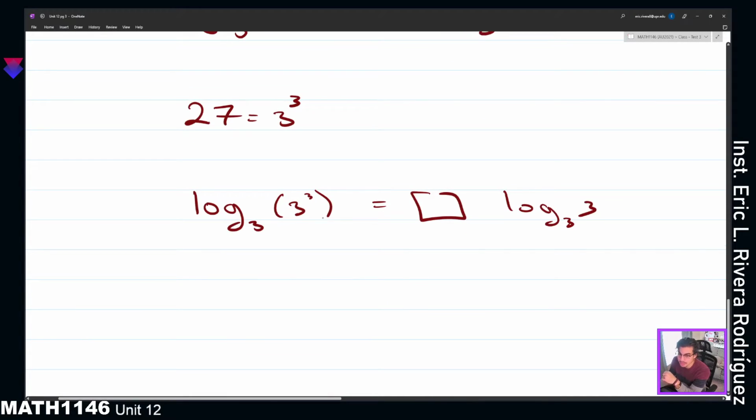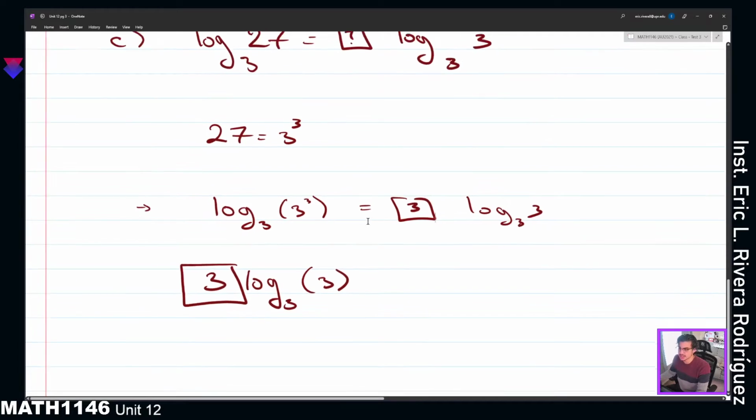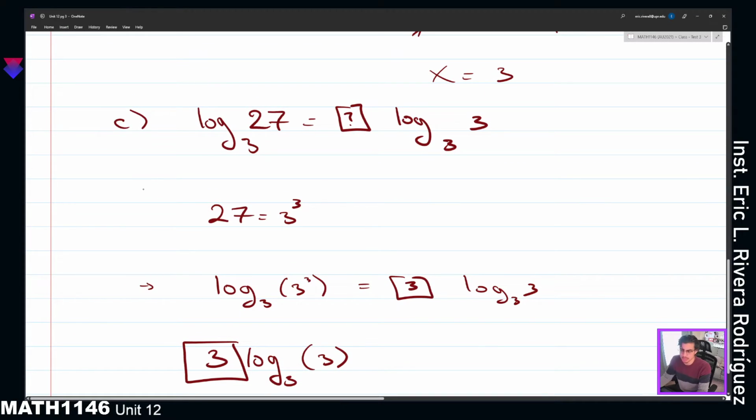Because if we remember from the power property of the logarithmic function, the argument has an exponent, but that exponent can become a factor in front of the logarithmic function. And that number that was missing, it was that exponent, the number 3. So we solve this equation by using the power property.